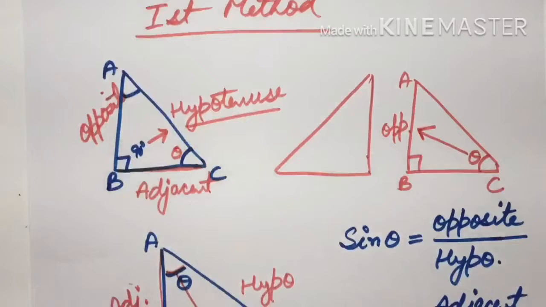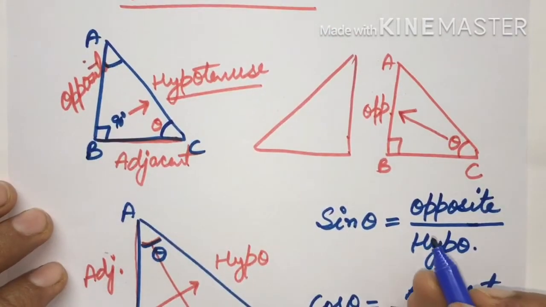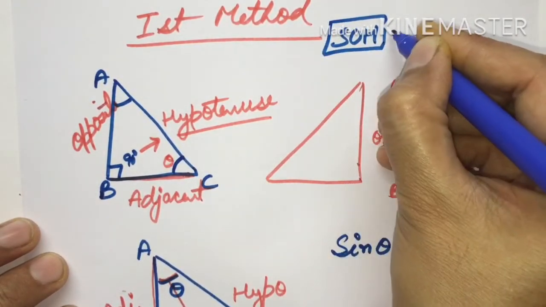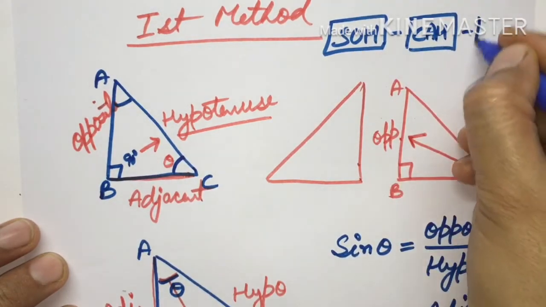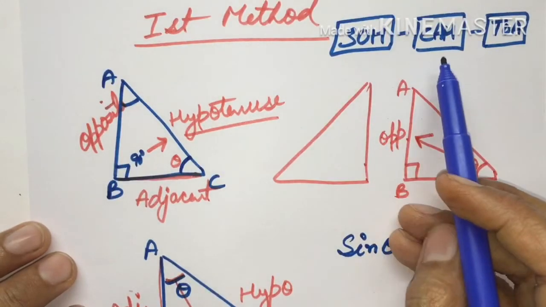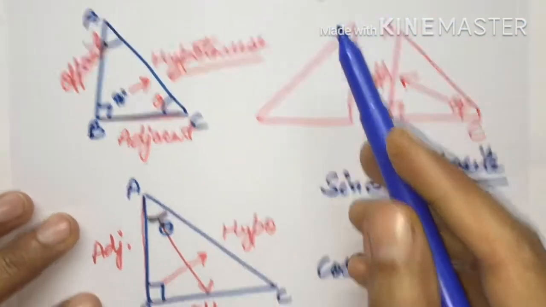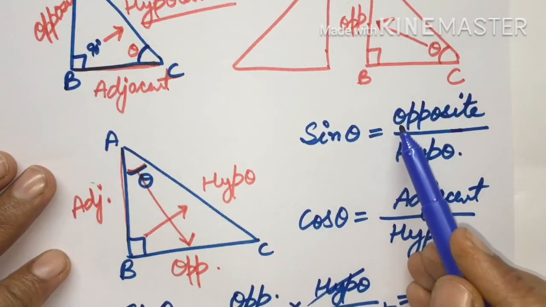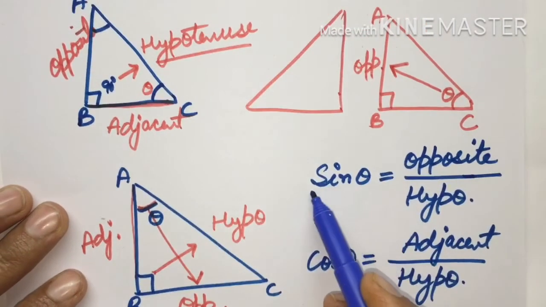One tip is there, how you can remember how we can find out the value of sine, cos and tangent. You can write down SOH CAH TOA. So sine, what is the value of sine? O means opposite upon hypotenuse. O is the first letter of opposite and H is the first letter of hypotenuse.